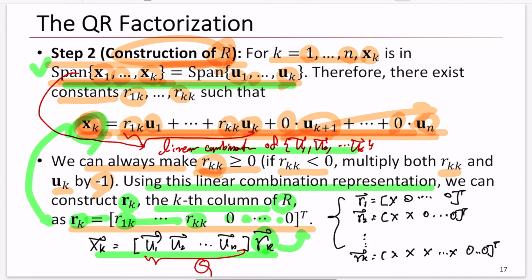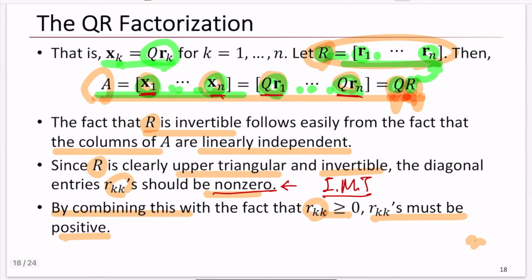So there exist constants r1k, r2k, ..., rkk such that xk is equal to r1k times u1 plus ... plus rkk times uk plus 0 times u(k+1) plus ... plus 0 times un. This makes the vector rk equal to (r1k, ..., rkk, 0, ..., 0) transpose. We will have this kind of rk vector, which fills the matrix R. It looks like this.